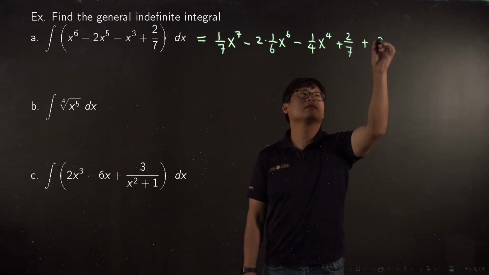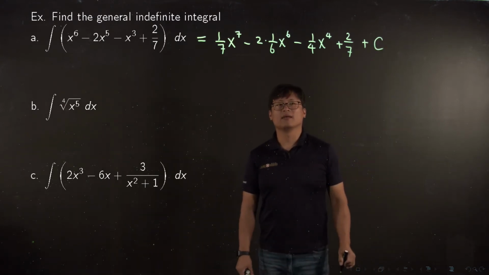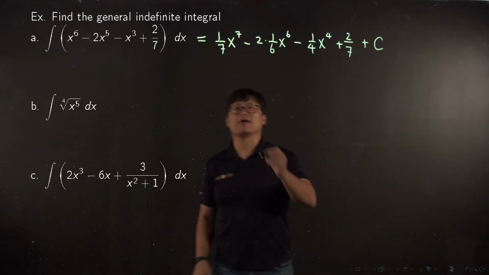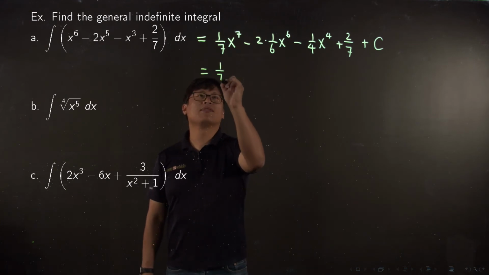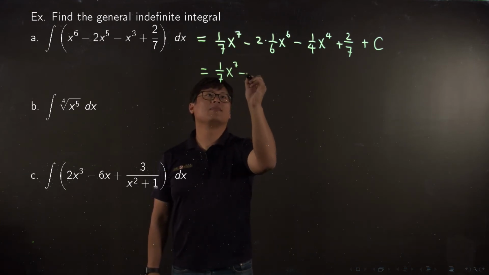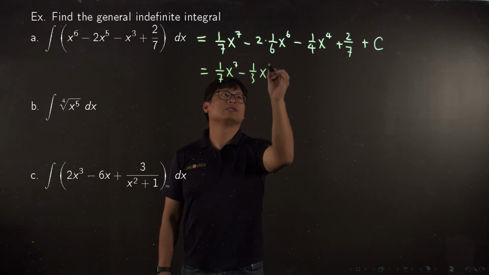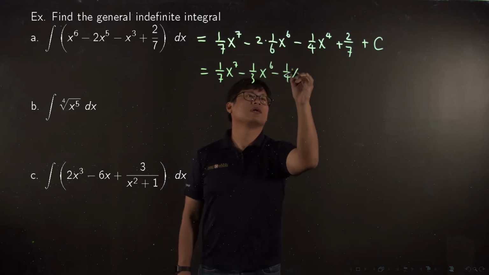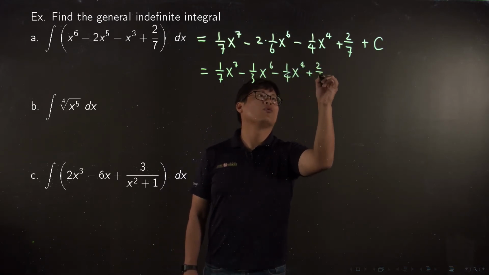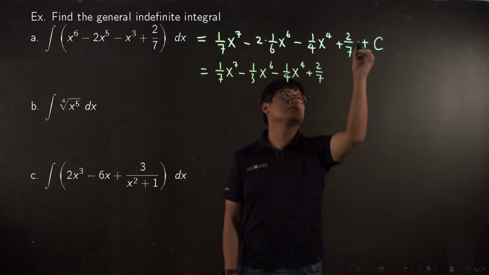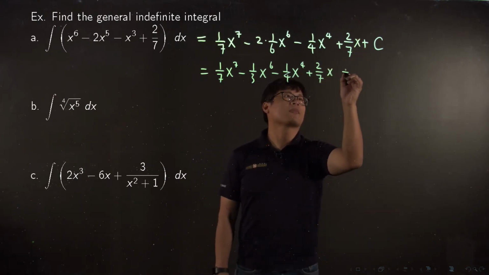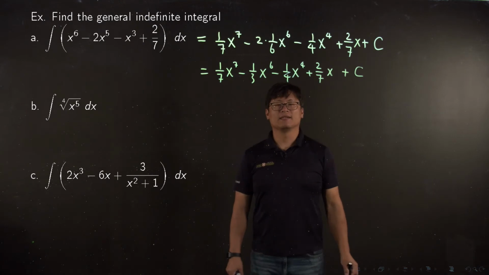And don't forget the constant c, the integral of a constant. Then let me simplify. It is equal to 1/7 x to the 7 minus 1/3 x to the 6 minus 1/4 x to the 4, 2 over 7. Wait a minute, I missed x here, right? And c, that's it.